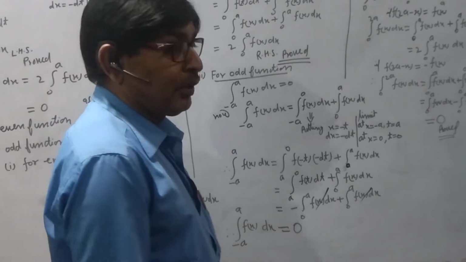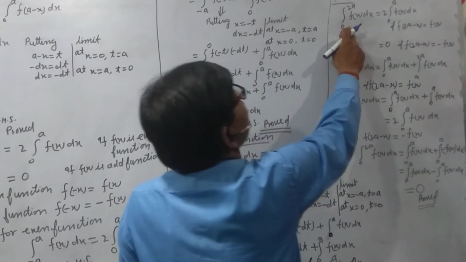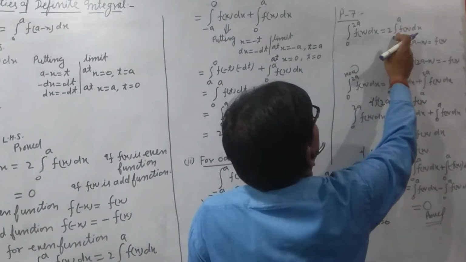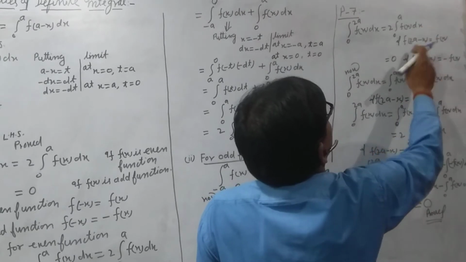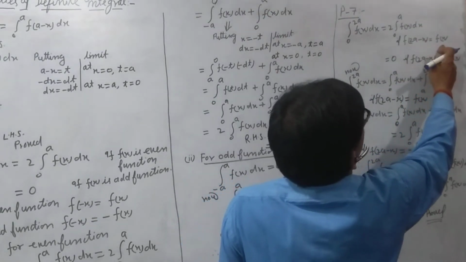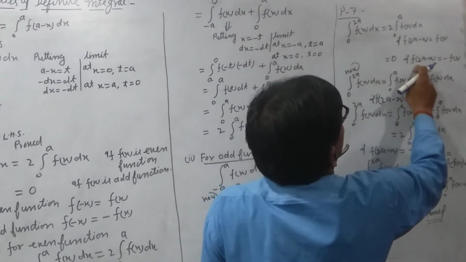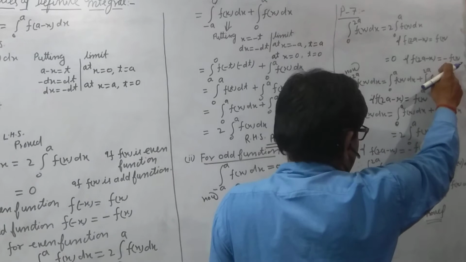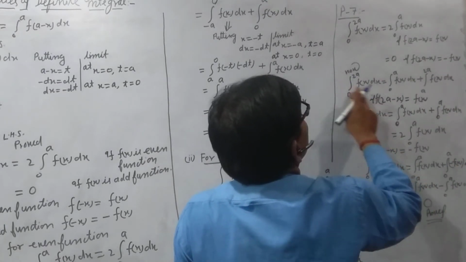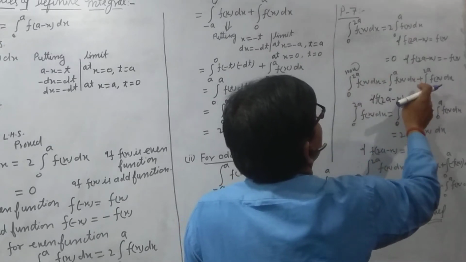Now we take property number 7. The integral from 0 to 2a of f(x) dx equals 2 times the integral from 0 to a of f(x) dx if f(2a minus x) is equal to f(x), and it is equal to 0 if f(2a minus x) is equal to minus f(x), that is an odd function in this case. The integral from 0 to 2a of f(x) dx is equal to 0 to a plus a to 2a.